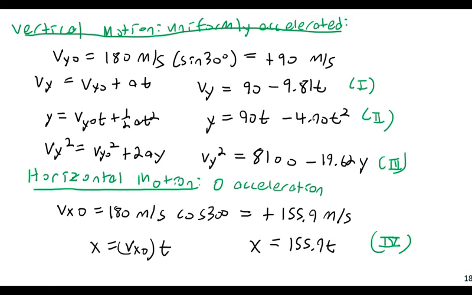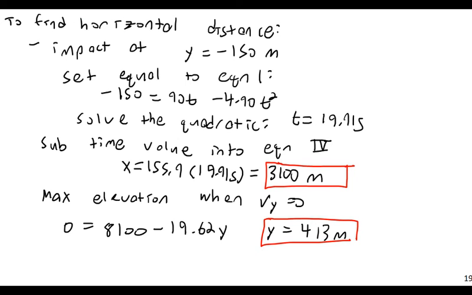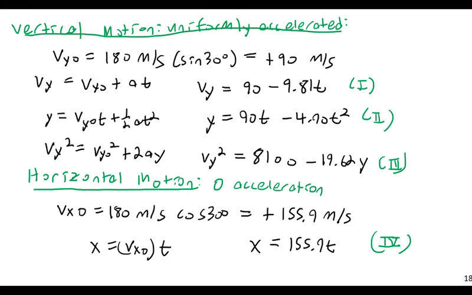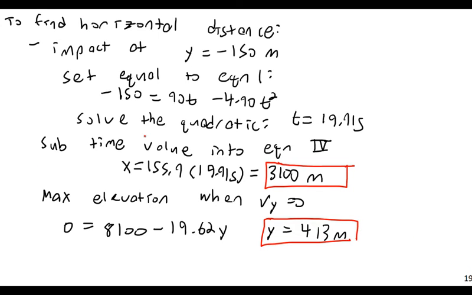I don't think we need to, because we already said that the initial y was 150 meters. Maybe I'm wrong, then let me think about that. Let's trace this back. Okay, this is the change in y. Sorry, the y here is going to be the change in y. We didn't have an initial y. We actually basically did say the initial y was 0. So we can't do that. We actually have to say this is going to be the change in y from the initial location.